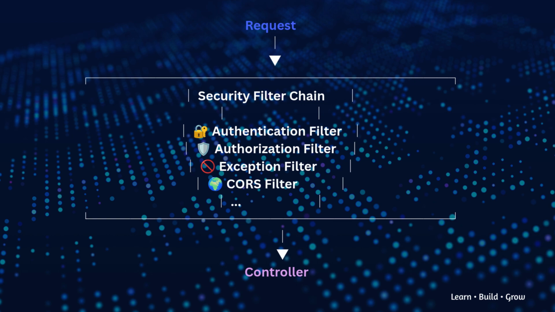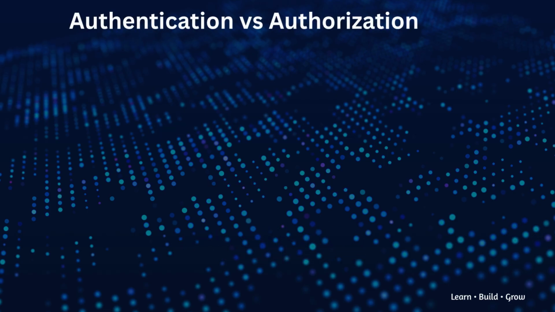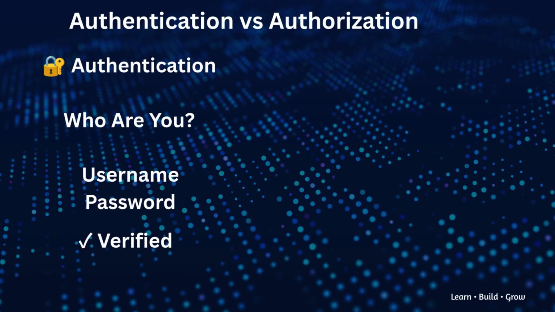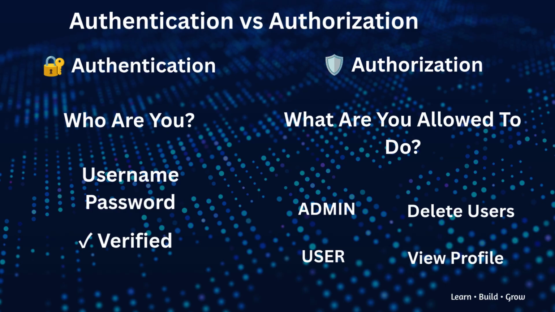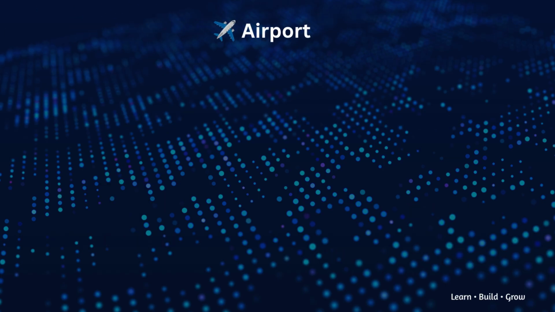Today we will focus on the most important ones. So, what is the first thing Spring Security checks? It asks a simple question: who are you? Authentication simply means proving who you are, usually by providing a username and password. Authorization happens after authentication. It determines what actions you are allowed to perform. Think about an airport.